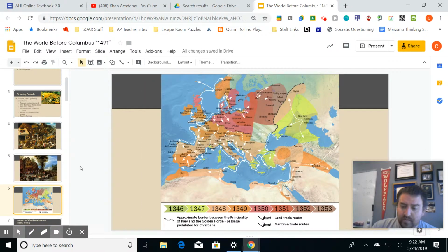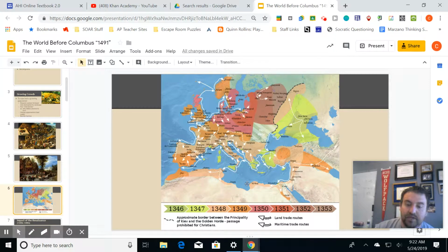And one of those things is going to be the diseases. There's a video I'm going to link that I'm going to require you to look at later when we get to the Columbian Exchange that focuses on these diseases and how they come about and how they spread. But this is showing the Black Plague, right? When the Black Plague hit Europe. And one of the principal means of it is these trade routes.